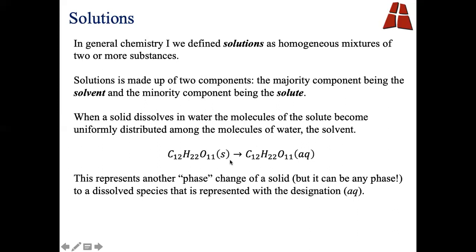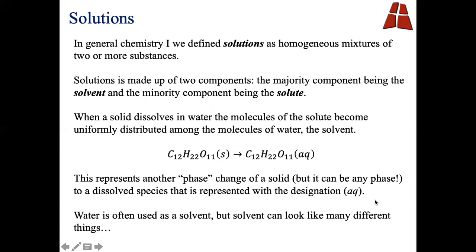All that changes is its phase, right? It goes from being a solid to being dissolved in water, which we designate with this AQ symbol, okay? So it's technically a sort of phase change, but it can be any sort of phase, it doesn't have to start as a solid. And when it dissolves, it is then represented with the designation AQ, okay?